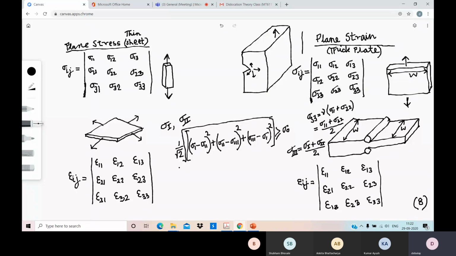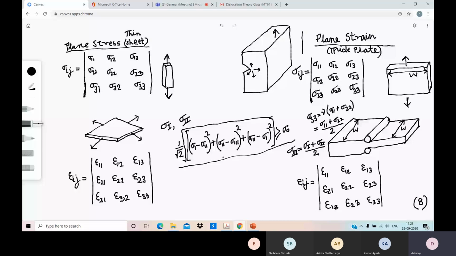But if the body is thick, then the constraint imposed by the other directions will introduce positive values of sigma 2 and sigma 3, which resist the shrinking of the body along these 2 directions. Because if you apply sigma 11, there will be an epsilon 11 along positive direction, but there will be epsilon 22 and epsilon 33 in negative direction. The body has to squeeze in those 2 axes.